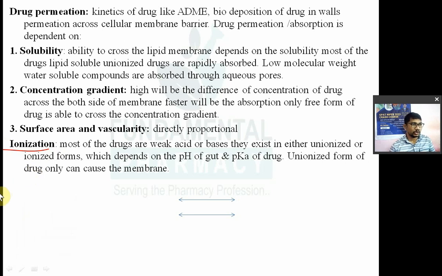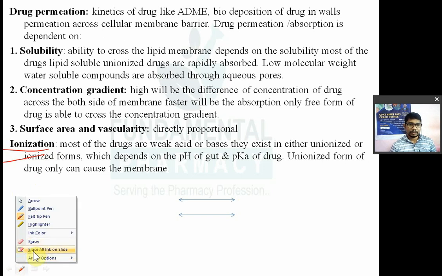So ionization is again an important factor. Most of the drugs are either weak acids or weak bases. जो ड्रग्स होते हैं either weak acid होते हैं नेचर में या फिर weak base होते हैं. So most of the drugs are either weak acid or weak base. Now they exist either in a unionized form, either उनका ionization होगा या फिर unionized form में रहेंगे. So either they exist in a unionized or ionized form.